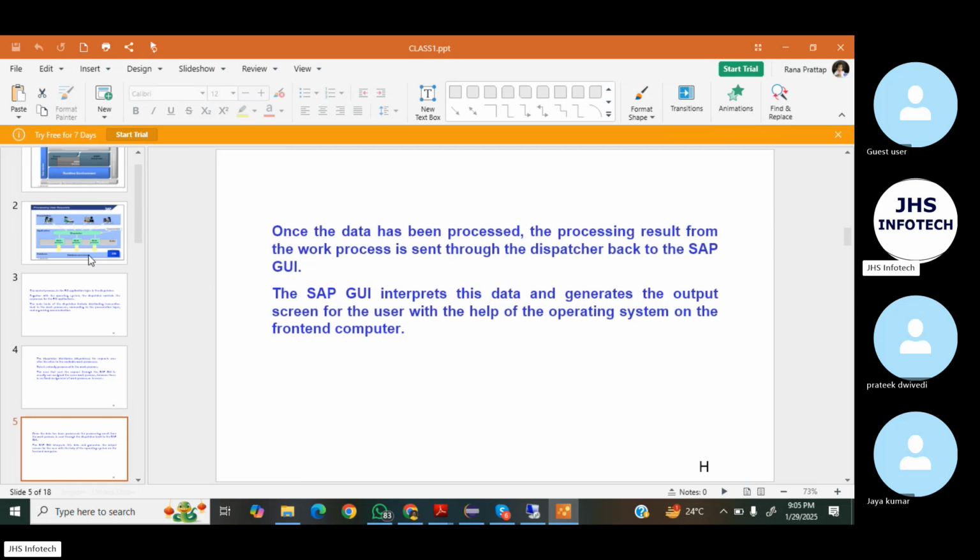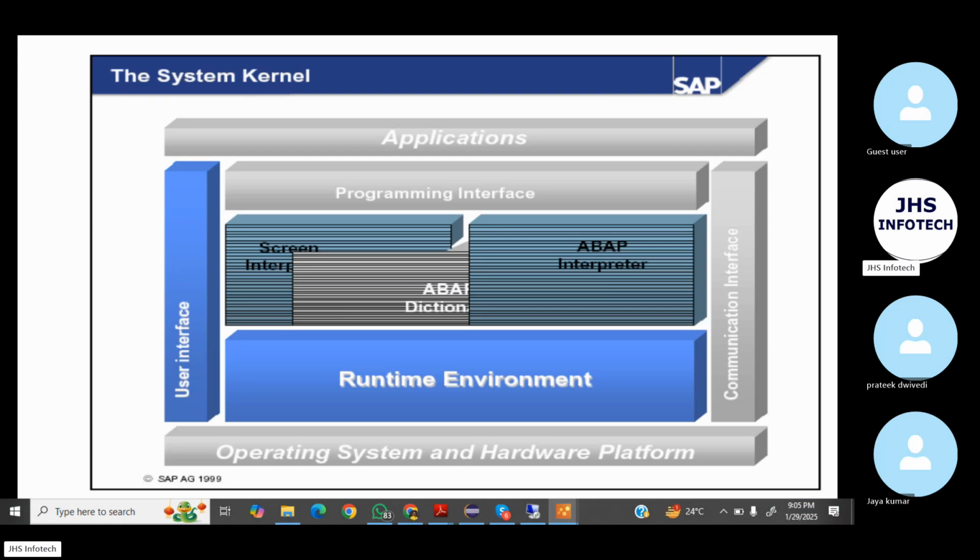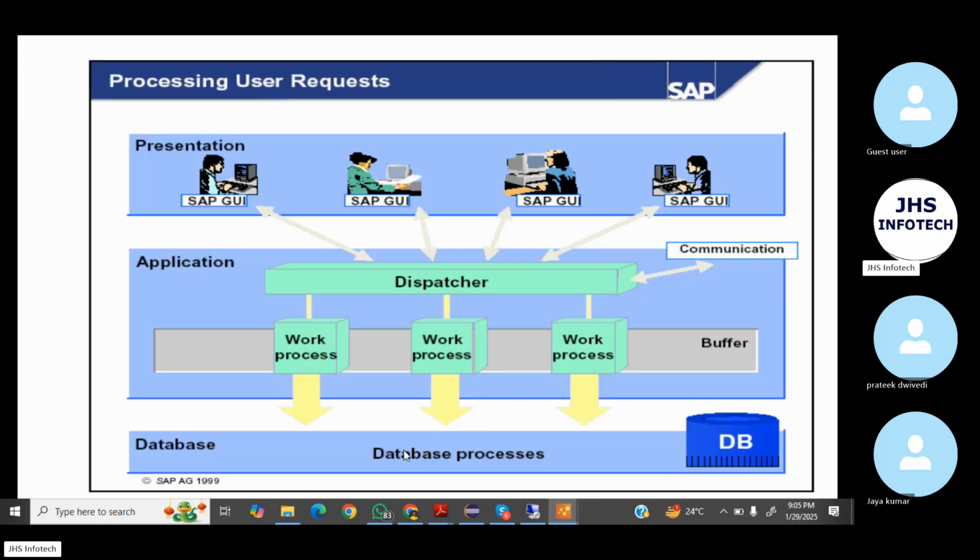So here is the database tier, application tier, and presentation tier. The database tier is where we have all the data, and the processing is done at the application tier. The presentation tier is where we actually log in from, right?